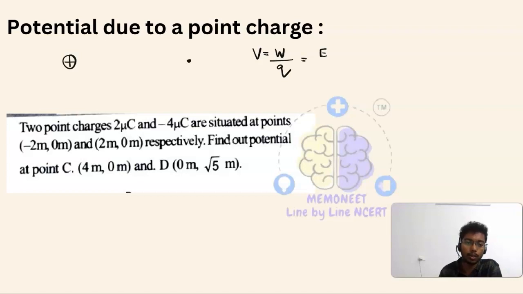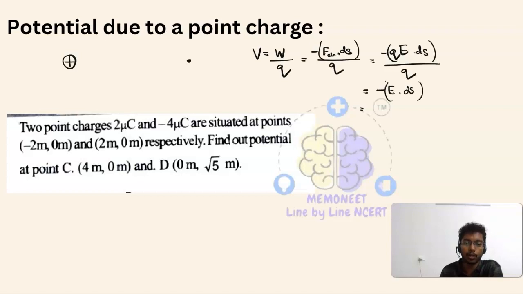The force is the electrostatic force, so minus F electrostatic dot ds upon Q. The electrostatic force we can write as Q into E, so minus of Q E dot ds upon Q, that is equal to minus of E dot ds. The electric field due to the point charge is kq upon x square, dot dx, and it will be negative.